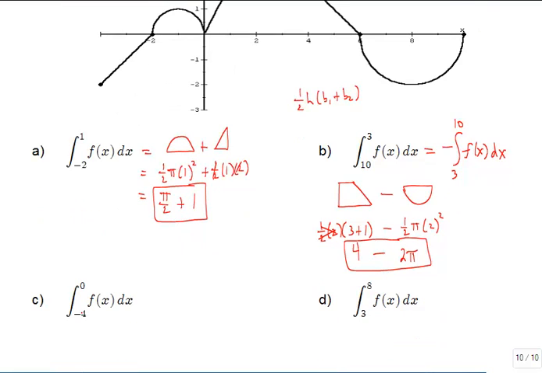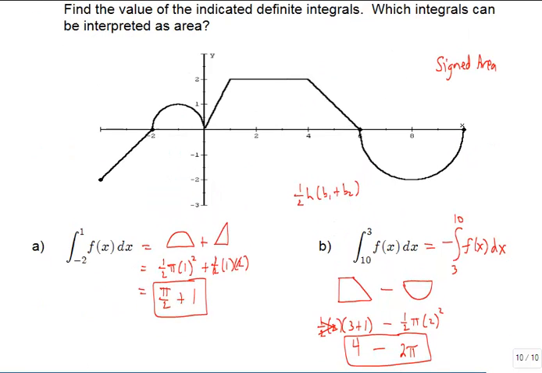Now we want the integral from -4 to 0 of this function. So that's going to look like -4, which is right here, all the way to 0, which is here. So we want this area, and that's below the x-axis, so we want to count that as negative, plus this area, which is above the x-axis, so it's going to be positive.